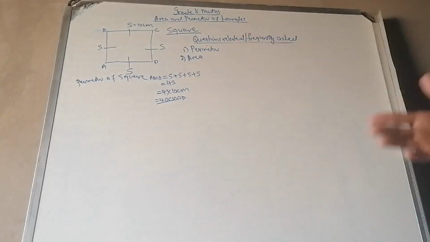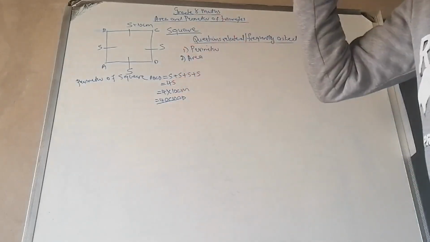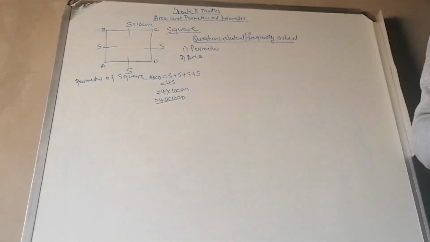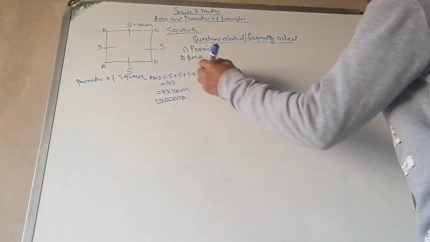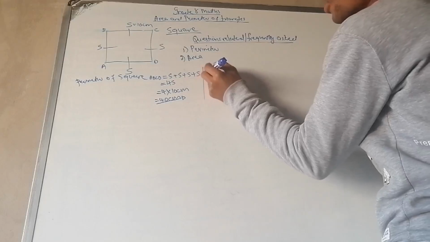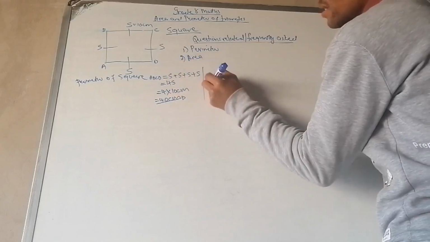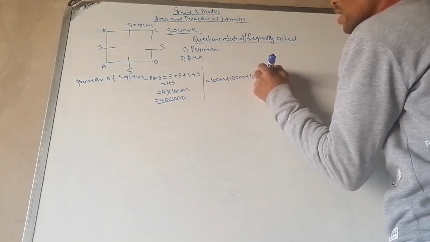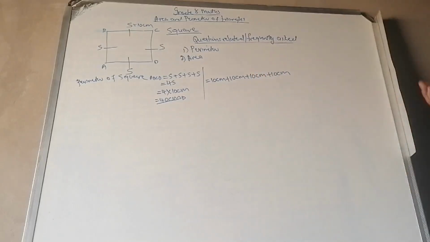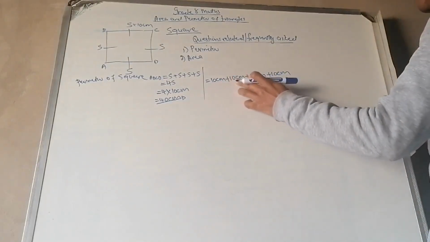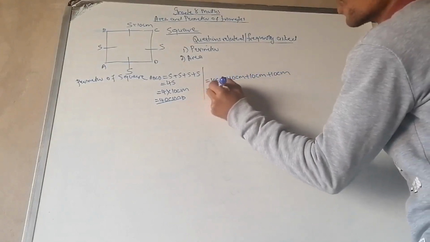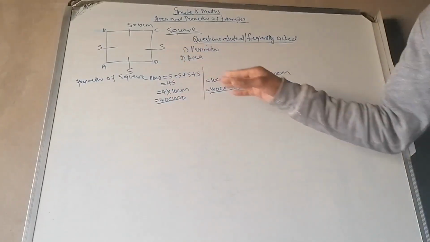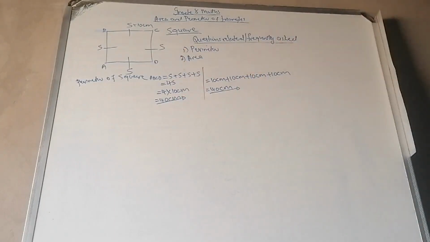So on to 4S. Or 4 multiplied by 10 is 40. Or 10 centimeter plus 10 centimeter plus 10 centimeter plus 10 centimeter, that is 10 plus 10 plus 10 plus 10, 40 centimeter. Just that this is the shortest way of achieving the very same thing.